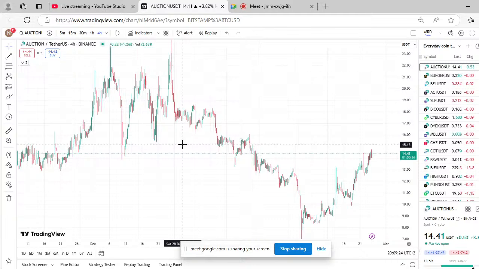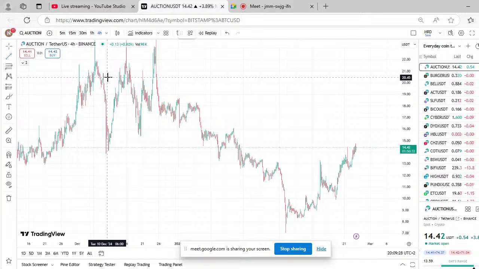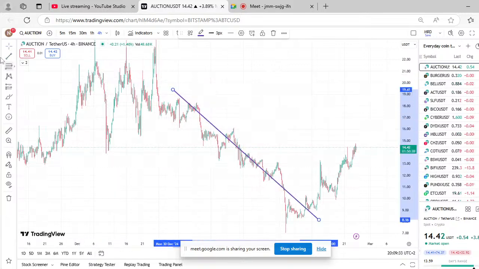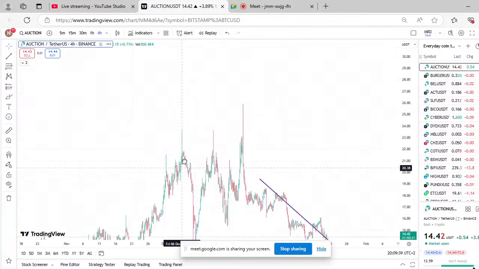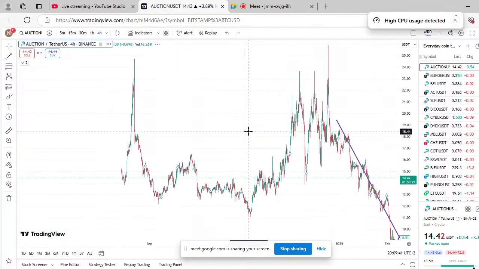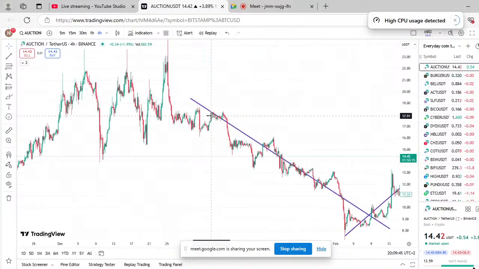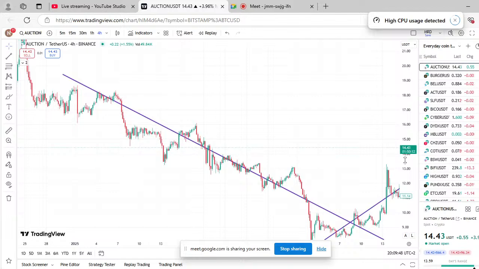Okay, so before going on, we can identify that this is automatically a downtrend up to this point. Then here it is the new journey of uptrend. So whenever you squeeze the chart like this, that's when you will understand where the market is going. But when you keep it wide like this, you may not get it well.